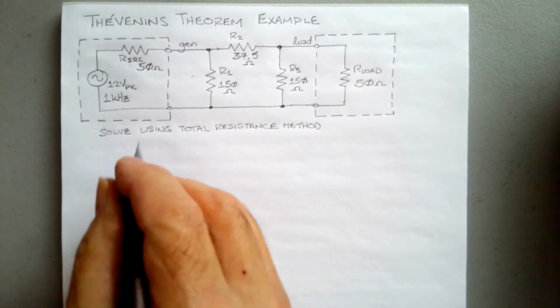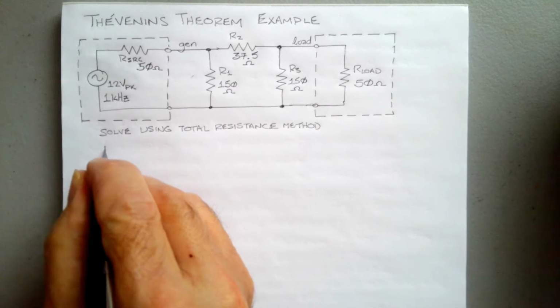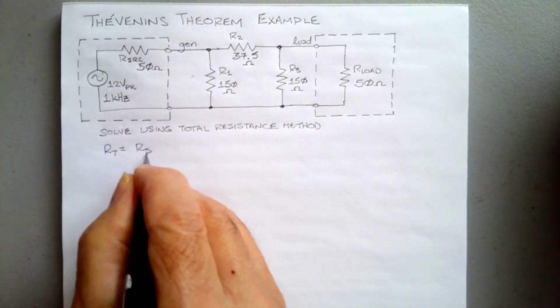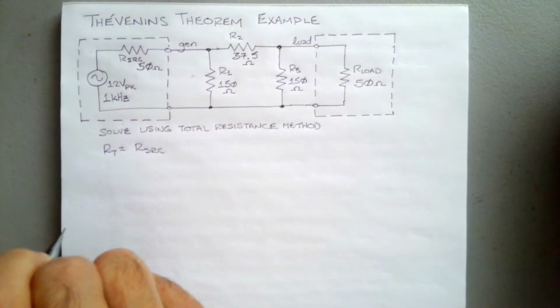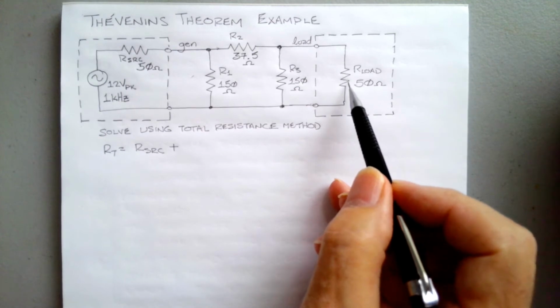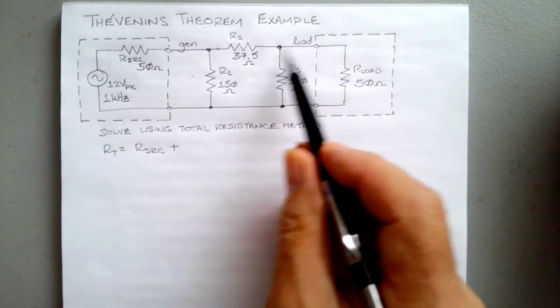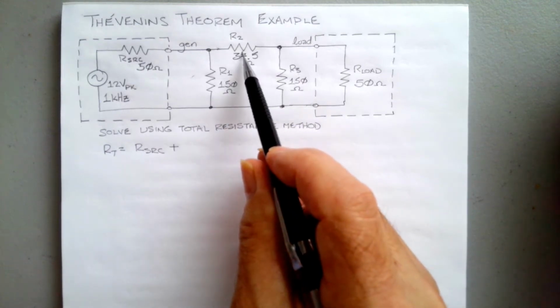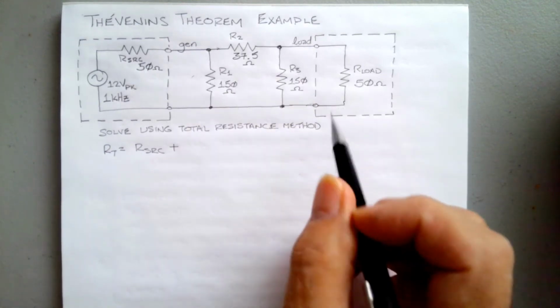So what we have here is R total is equal to R source, in series with some other stuff. We're going to have R load in parallel with R3. That's going to be in series with R2, and that combination is going to be in parallel with R1.